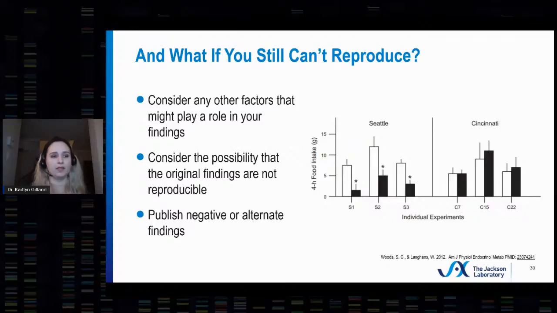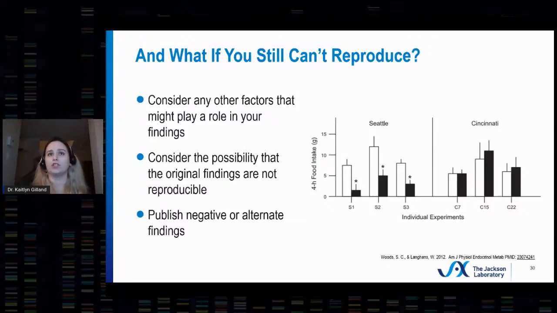And so the final thing I'd like to leave you with is what happens if you still can't reproduce results? And there's several things that I'd like for you to consider. I would highlight here in this example, this is a figure from a publication that looked at experimental results in their lab in Seattle, and then once they moved to their new lab in Cincinnati.